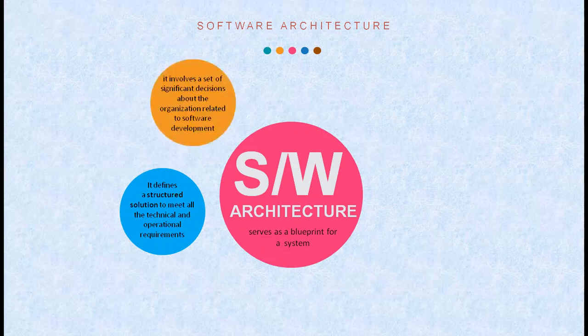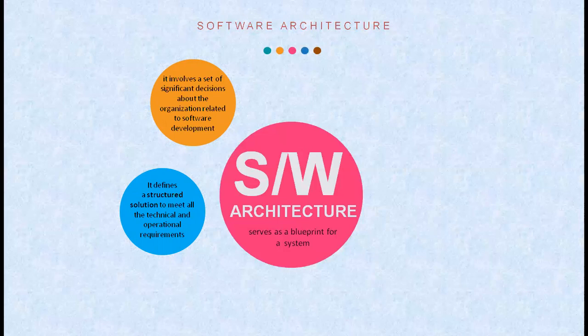It involves a set of significant decisions about the organization related to software development, and each of these decisions can have considerable impact on the quality, maintainability, performance, and the overall success of the final product.